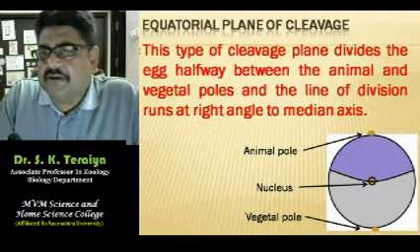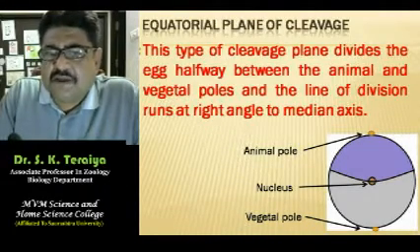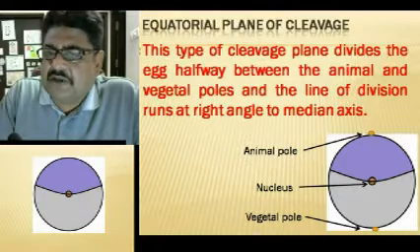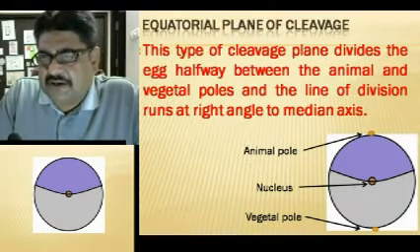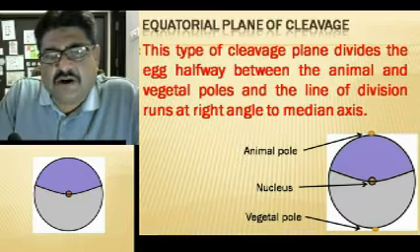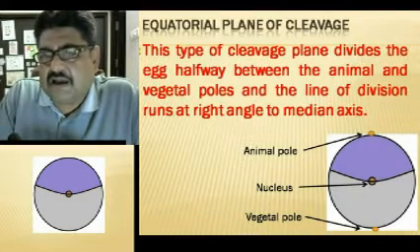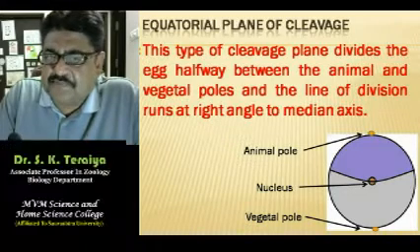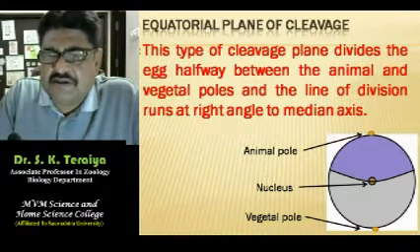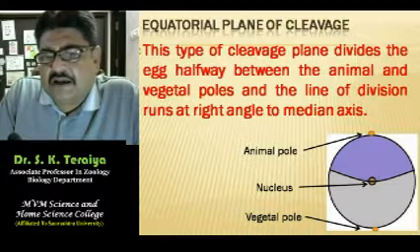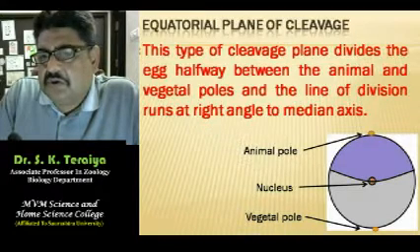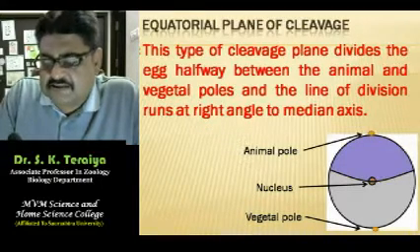Equatorial plane of cleavage. This type of cleavage plane divides the egg halfway between the animal and vegetal poles, and the line of division runs at right angle to the median axis.